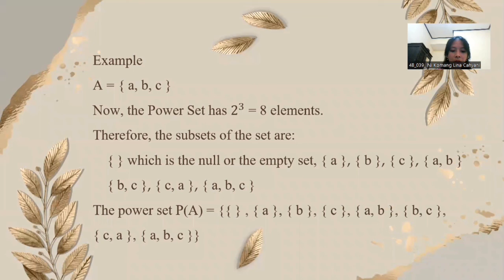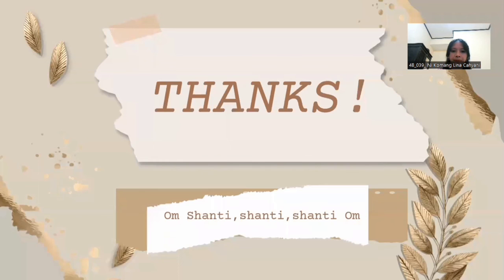So, these are all the possible subsets of set A, and the set of all these elements will be called the power set of set A. It is represented as P of A, like this. That means the power set of A. So, the power set of A is: null set, a, b, c, ab, bc, ca, and abc.